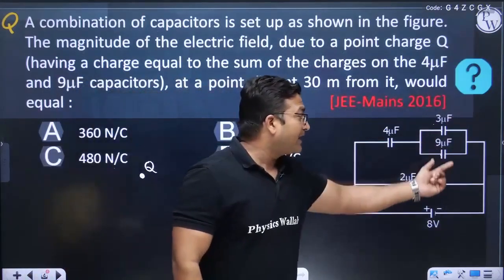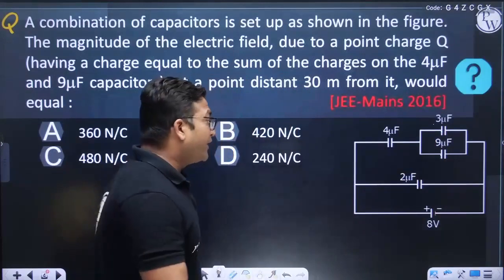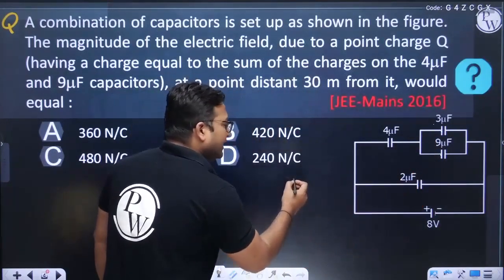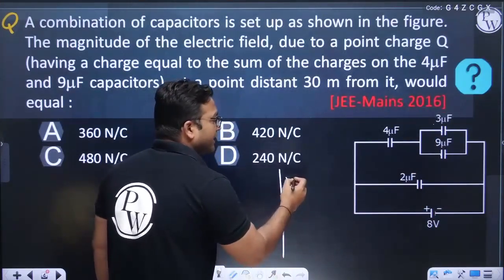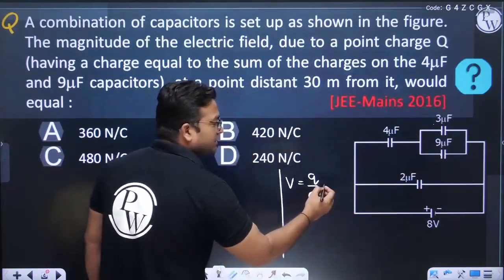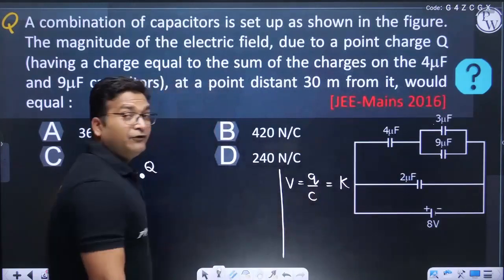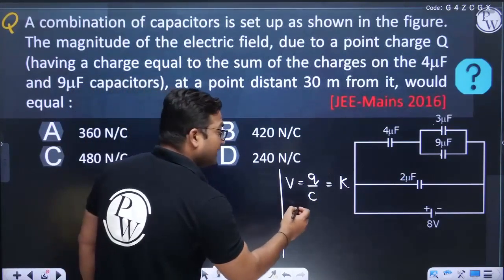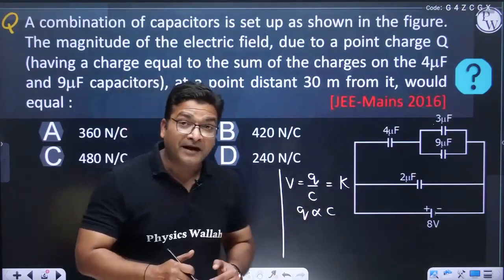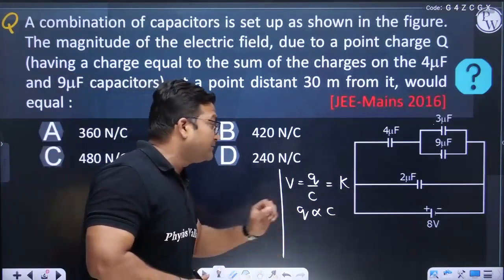If these two are in parallel, the potential difference across the two must be same. In capacitors you write potential as Q by C. For these two, potential is same. So Q by C is constant. And if Q by C is constant, you can always write Q is proportional to C. Means on bigger capacitors, the charge will be bigger, and on the smaller capacitor, the charge will be smaller.